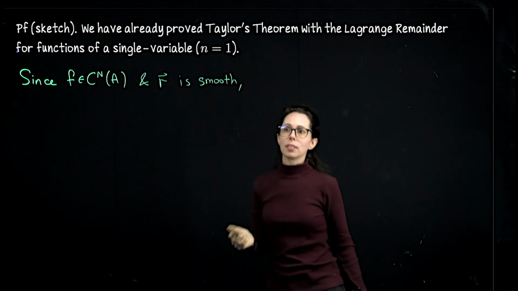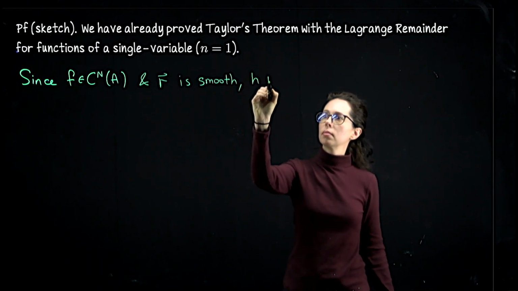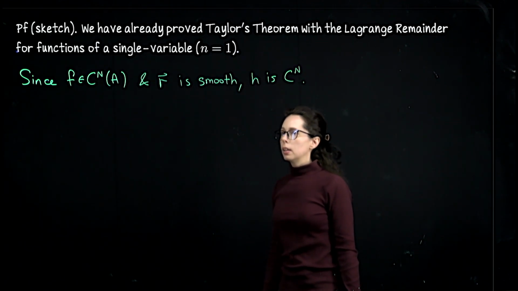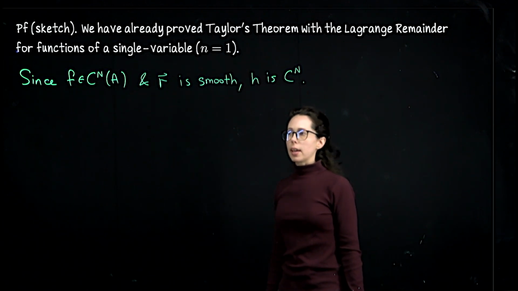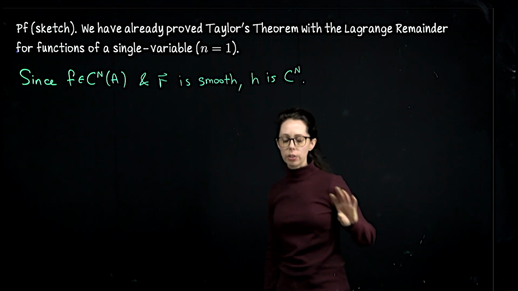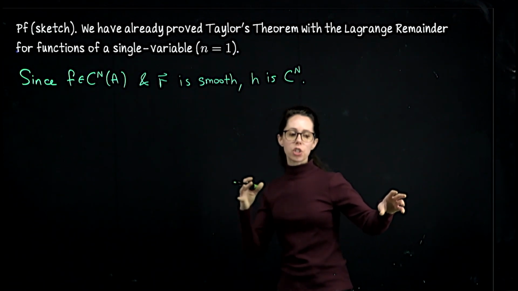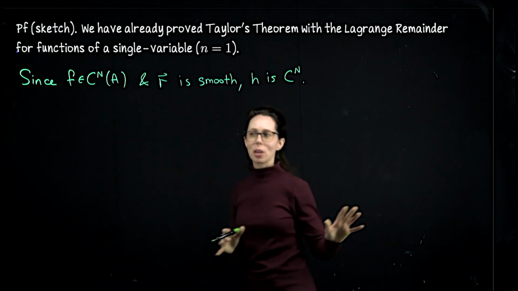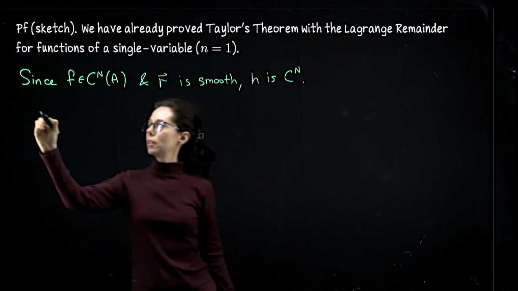H is class C^N. Okay. Now we are going to write down that Taylor expansion centered at 0 for H, and I'm going to use it to approximate H at 1 with a remainder, which will be Lagrange's form of the remainder. Maybe it's helpful if I just go ahead and write it down.